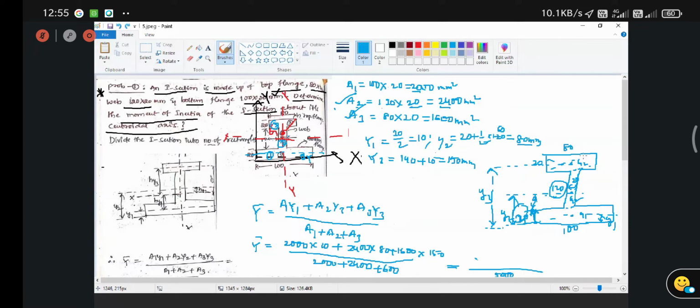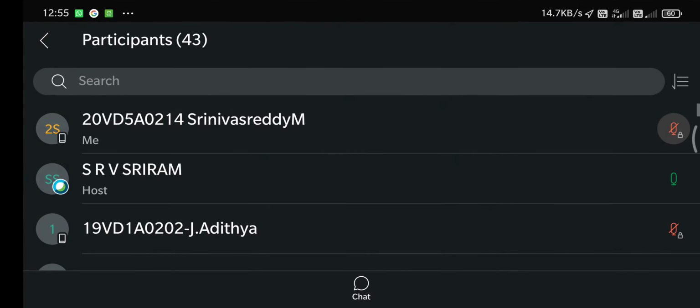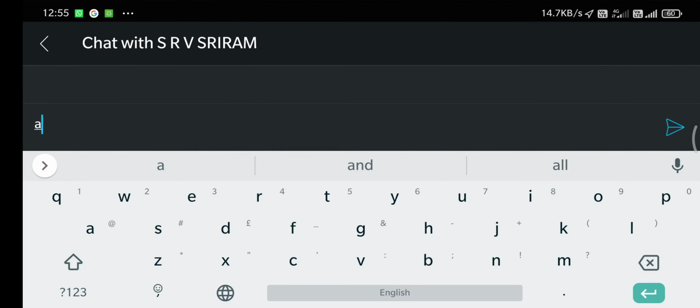So 1600 into 150, that is A3 Y3. So this total entire thing, once again I will calculate. Don't worry. 2000 into 10 plus 2400 into 80 plus 1600 into 150.